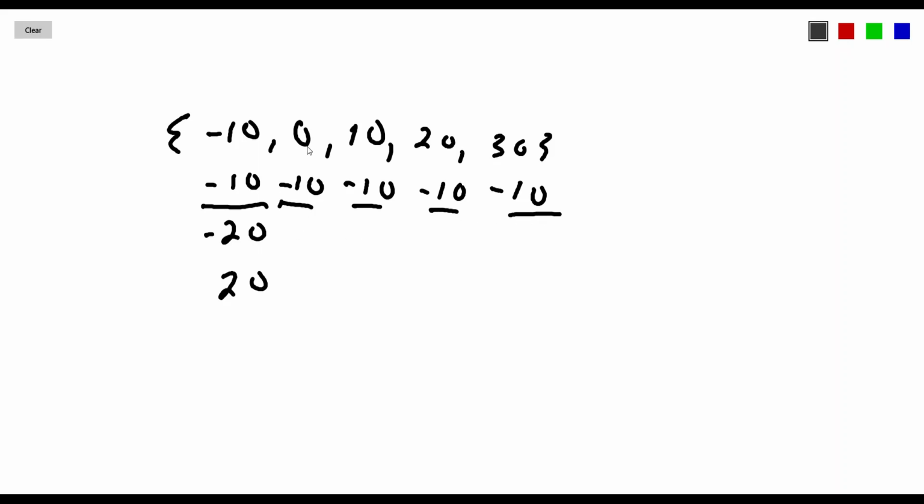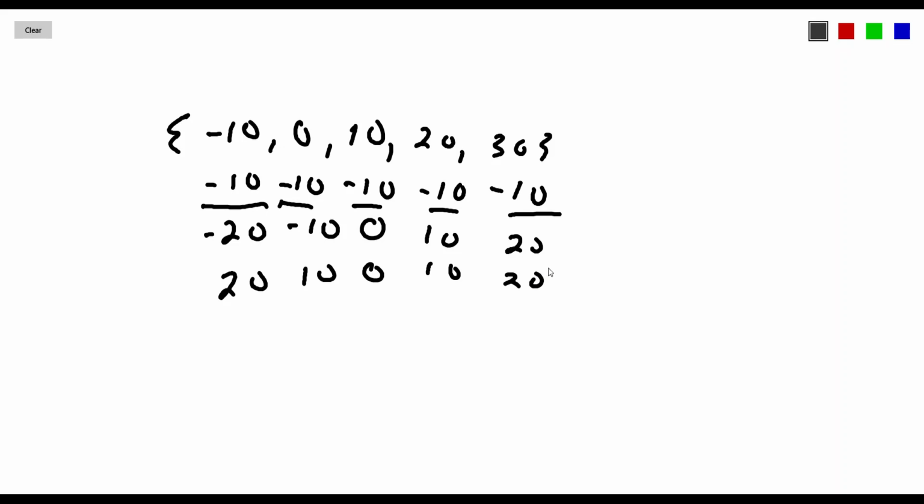So quickly, 0 minus 10 gives negative 10. Absolute value of that becomes 10. Same thing here, 0, absolute value 0. Positive 10, that's always going to be positive. And 20, absolute value of that will always be that same number if it's positive.